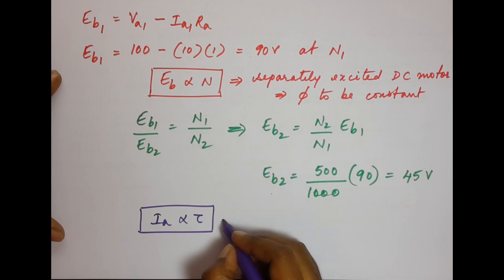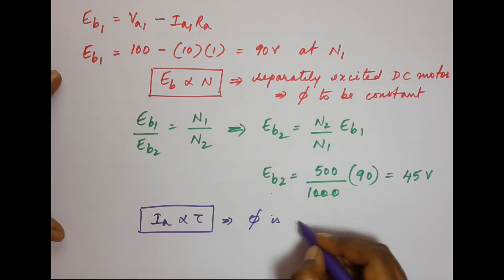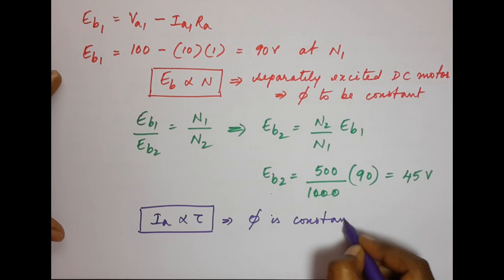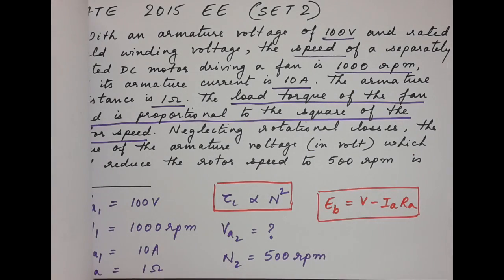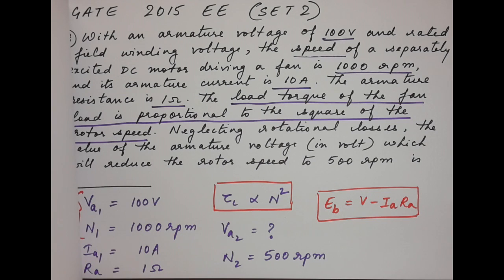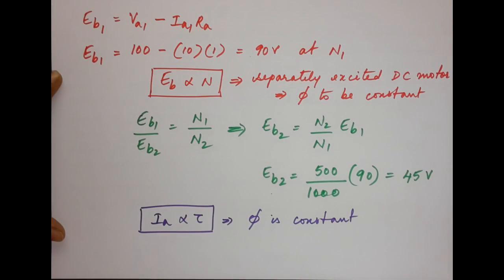Current is directly proportional to torque since phi is constant. But what has the question given us? The question has given us that the torque is directly proportional to N square. So using that, we can now write that IA is directly proportional to N square. Since torque is proportional to N square and since IA is proportional to torque, IA is proportional to N square.